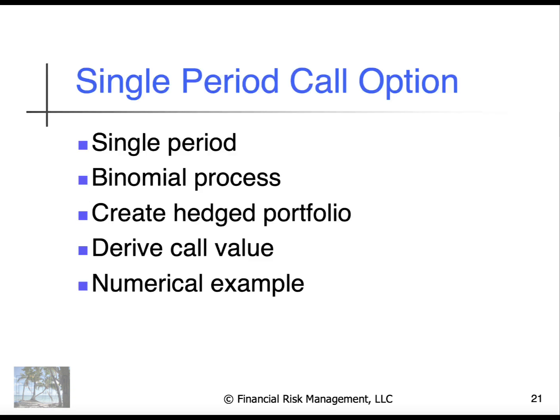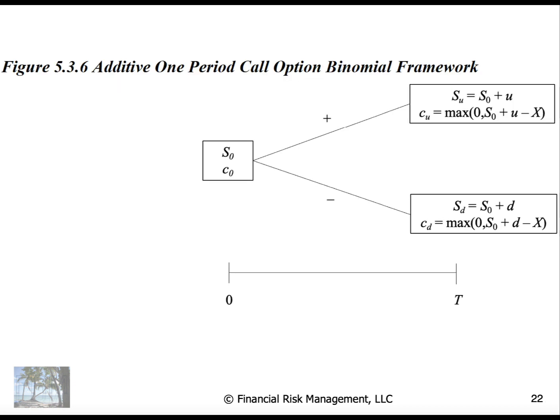And so with a single period call option, we're going to focus on creating the hedge portfolio, just like we did before. We'll derive the call value, look at a numerical example. And so the payoff at expiration is simply going to be the stock price plus U minus X, as opposed to the stock price times U minus X, in the same sort of pattern if the down arc occurs.